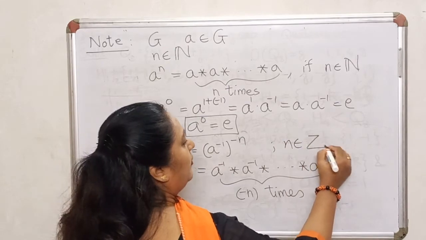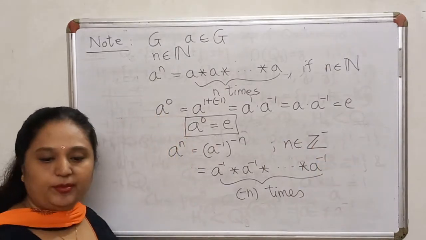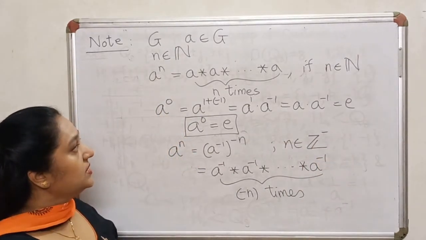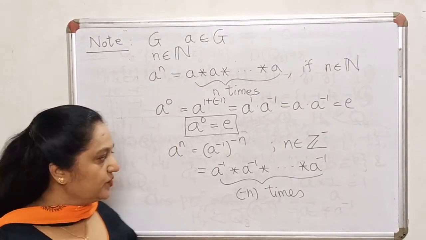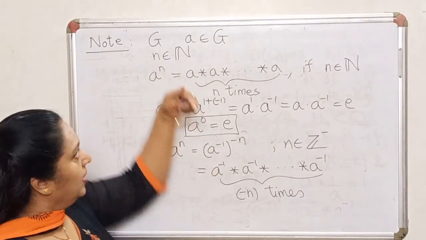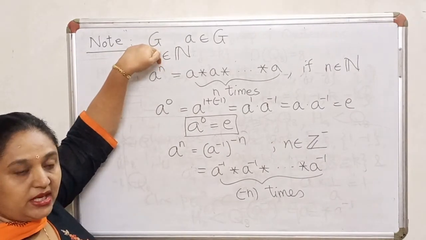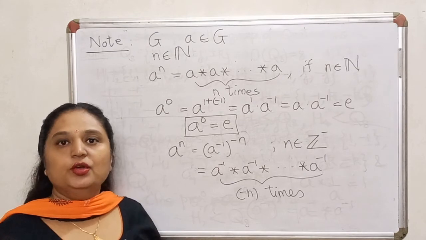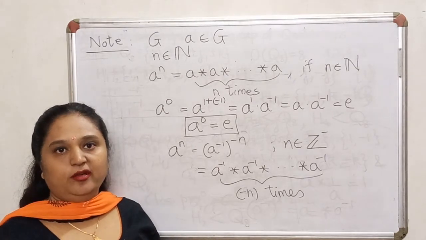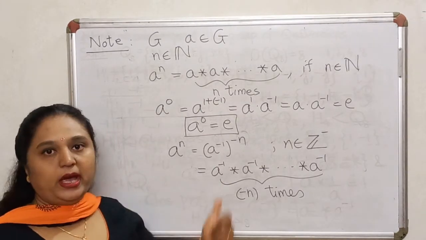So this is if n is an integer and happens to be negative. So this is how we define an integral power of A, because when I say A raised to an integer, that power could be a positive integer, it could be a negative integer, or it could be 0. So this is the meaning that we give to A raised to an integer.